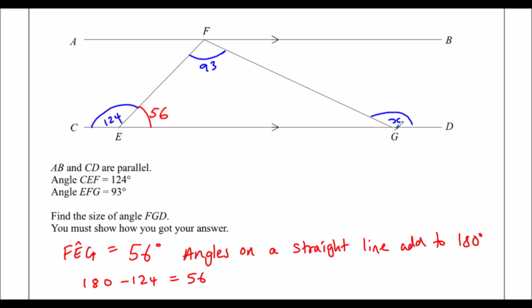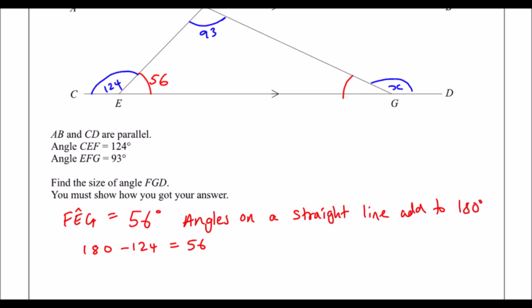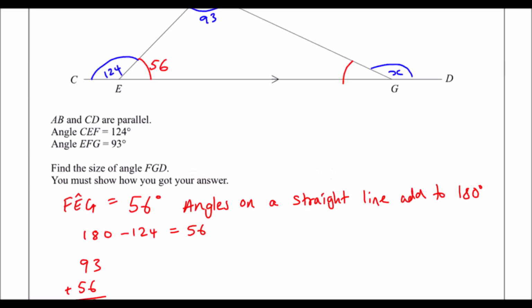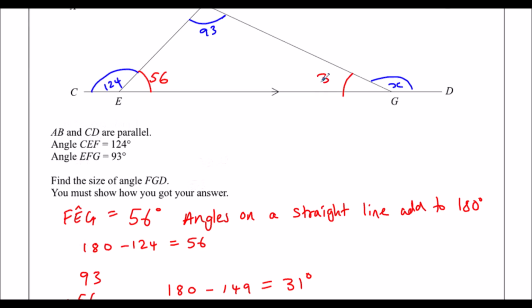We can use angles in a triangle to work out FGE. So at the moment we've got 93 and 56. 93 plus 56 is 149. So 180 take away 149 is 31 degrees. So we've got 31 degrees here.